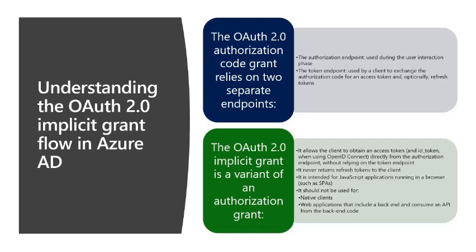The OAuth 2.0 implicit grant is a variant of the other authorization grants. It allows a client to obtain an access token and ID token, when using OpenID Connect, directly from the authorization endpoint without contacting the token endpoint or authenticating the client. This variant was designed for JavaScript based applications running in a web browser.